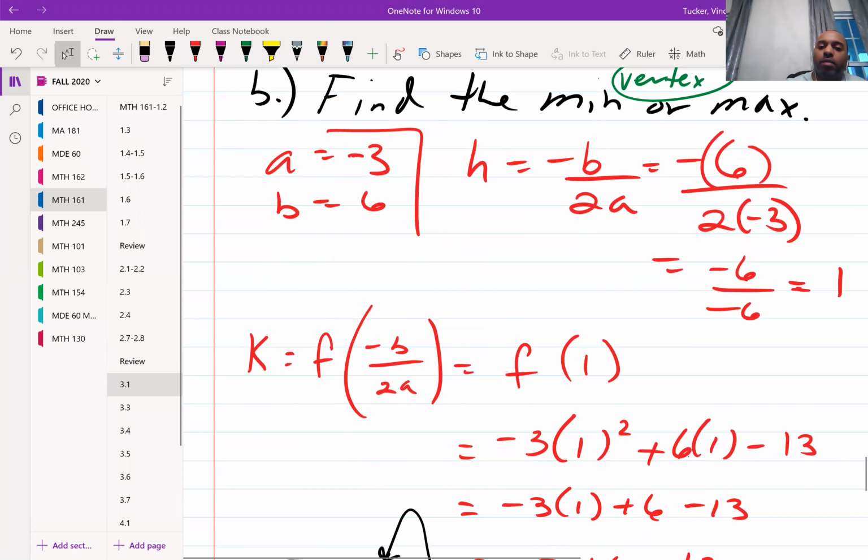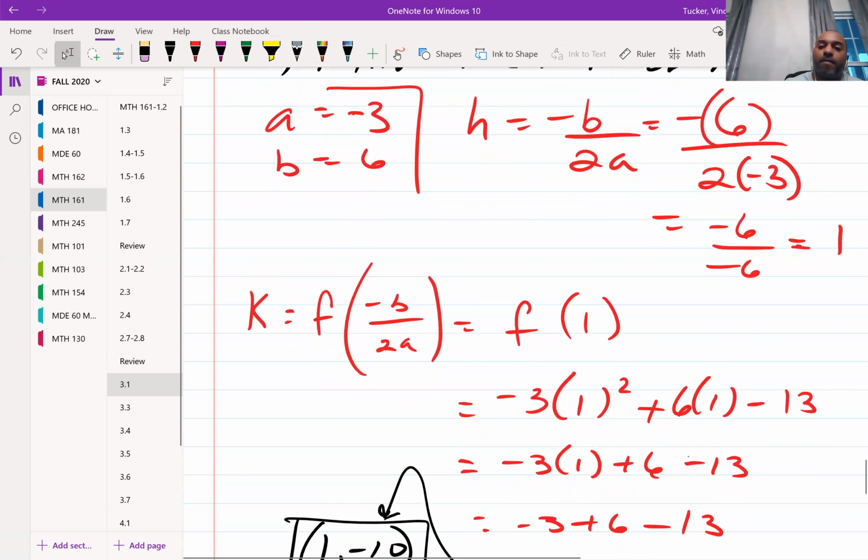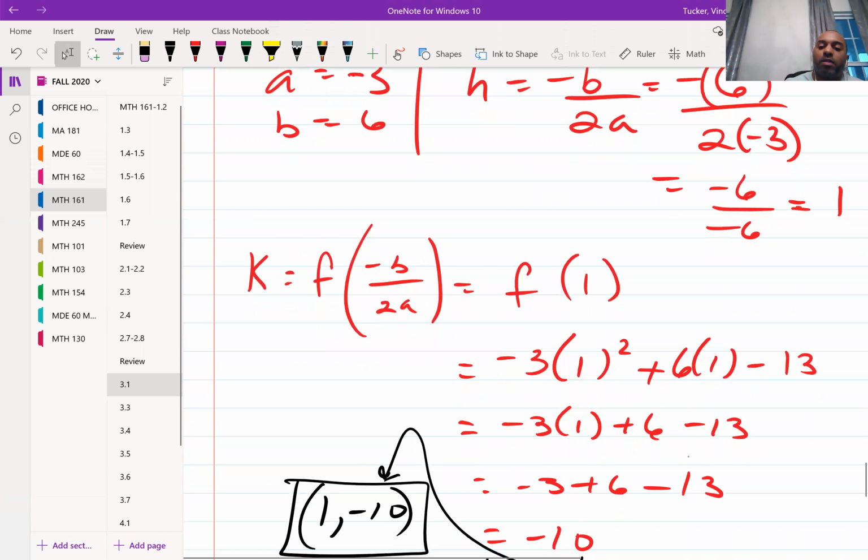Take that 1 and plug it into the function: negative 3 times 1 squared plus 6 times 1 minus 13. That simplifies to negative 10.